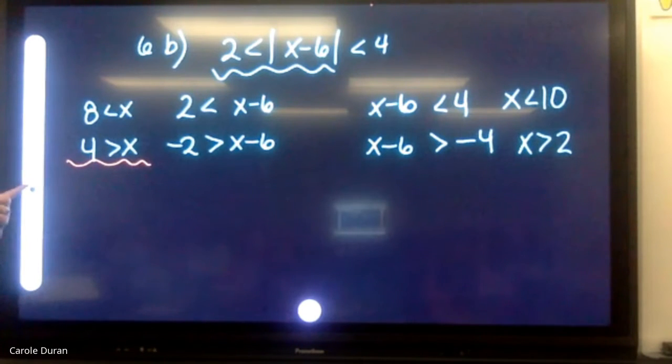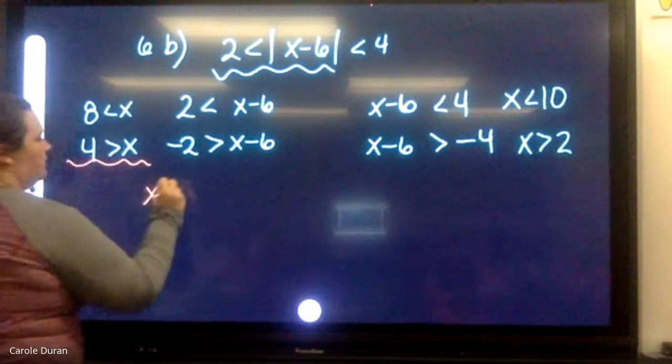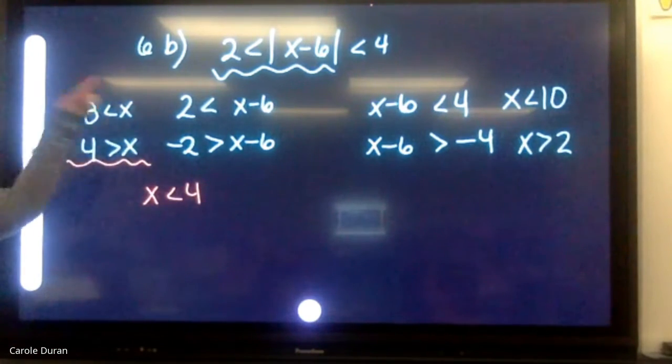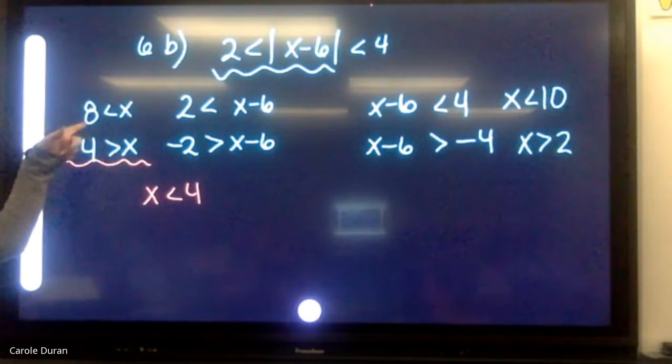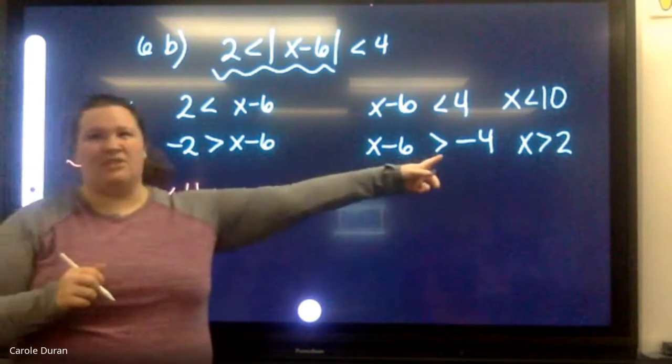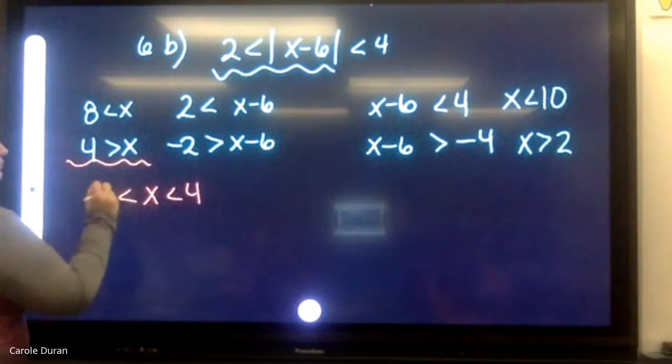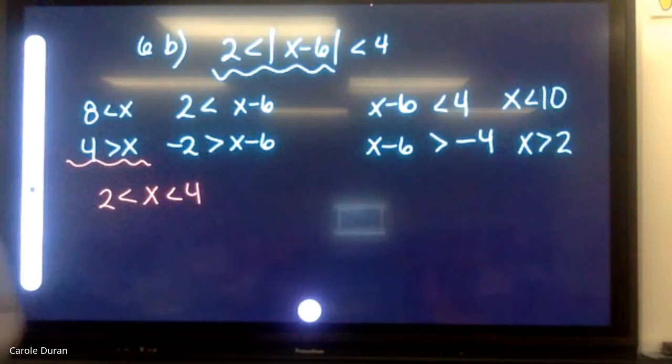If it's smaller than 4, then that also has to be bigger than something on the other side. What is x bigger than on any of these other ones? Well, I have x is bigger than 8 or x is bigger than 2. I have to have a number smaller than 4 to compare it to. So I say the 2.